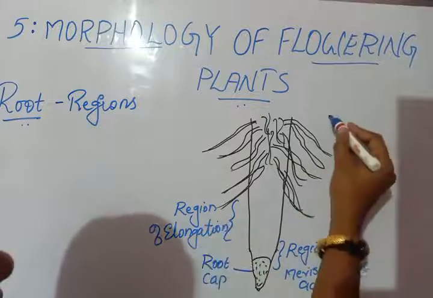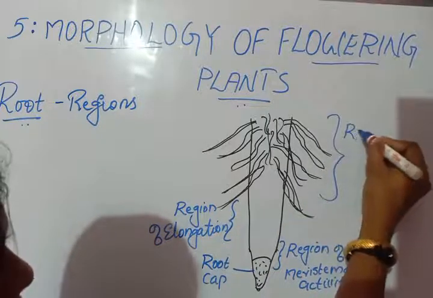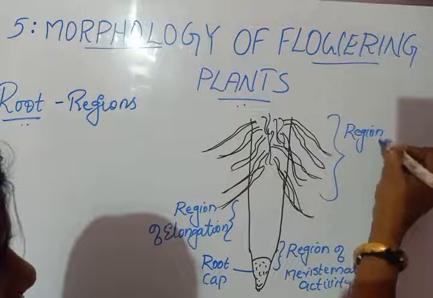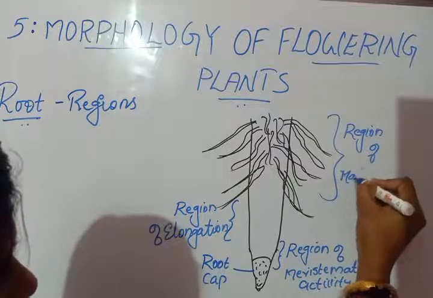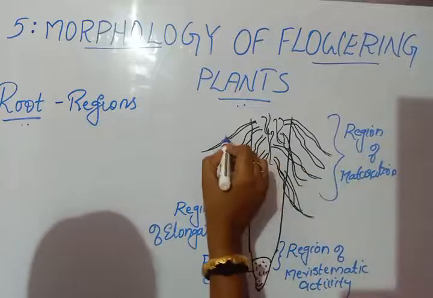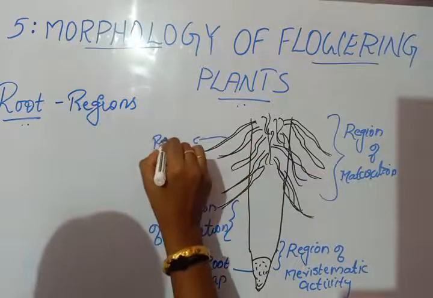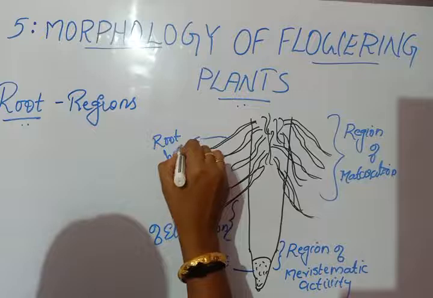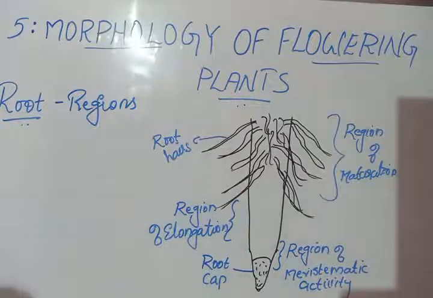And this region is called the region of maturation. Finally, these are called root hairs. So this is the structure, or regions, of the root.